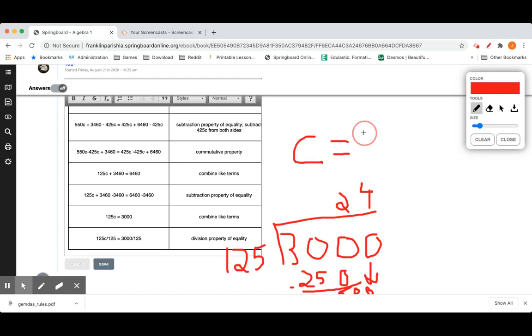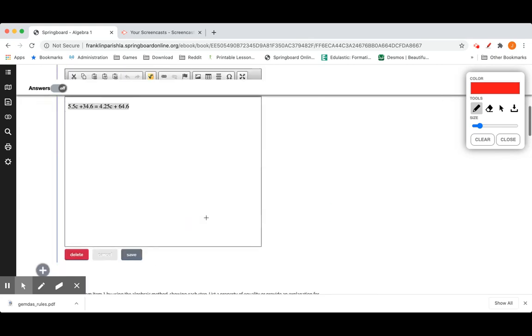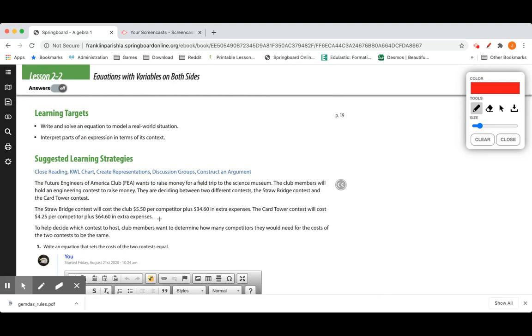So C will equal 24. If there are 24 competitors, it will cost the same amount of money to do card tower and straw bridge.